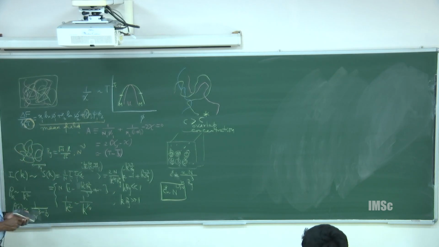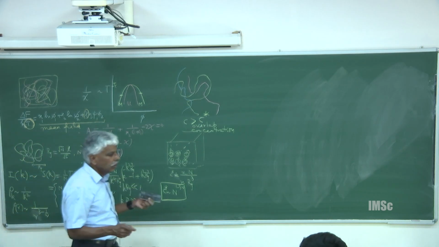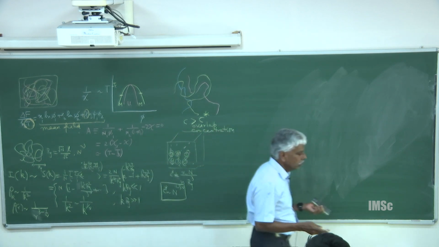I was asking because if these are linear thread-like things, then even for concentrations less than this C star, they could interpenetrate, like two threads going through each other. That is not the way we define it, because this is a coil, more like a ball of wool.